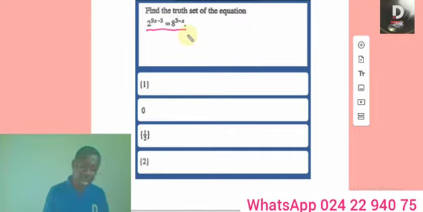2 to the power 9x minus 3. 2 raised to the power 9x minus 3. Forward arrow brings me down, equal sign, 8 to the power 3 minus x. 8 raised to the power 3 minus x.